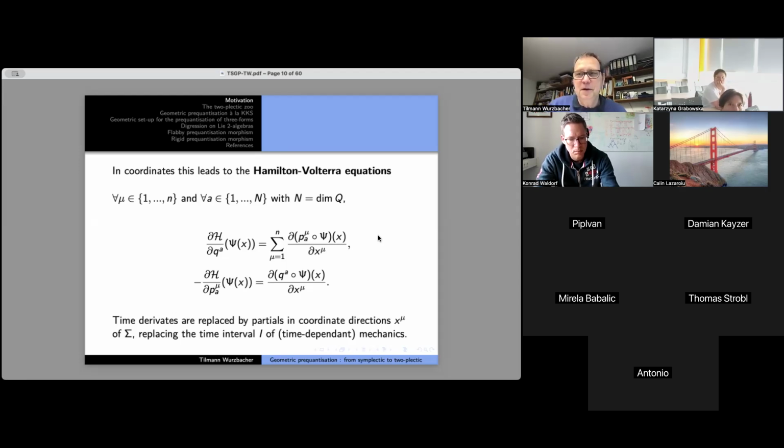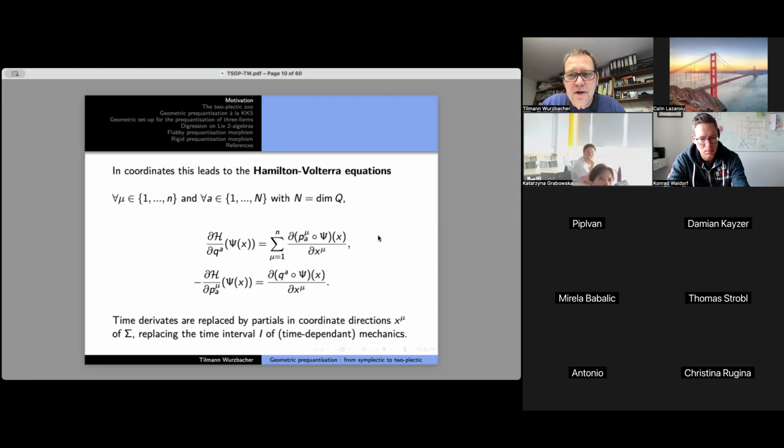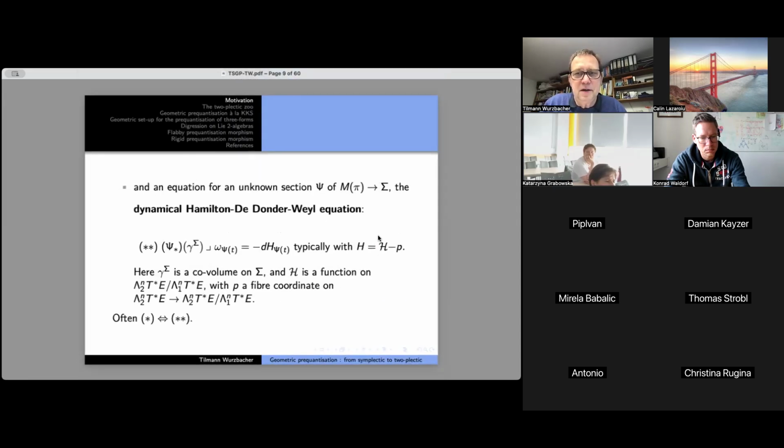Tilmann, may I ask you something connected to the previous transparency? You mentioned this Arnold-like trick of adding the time variable. I guess this generalizes to the contact case. In classical mechanics, this is one way to approach the formulation of contact Hamiltonian mechanics. Have you tried to do it in this multi-symplectic framework? Well, I never checked it in detail.